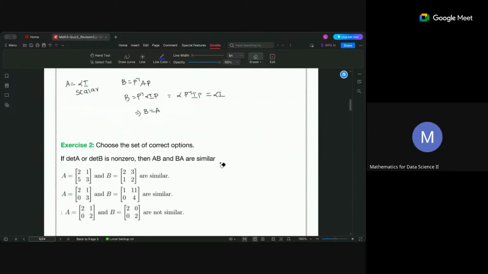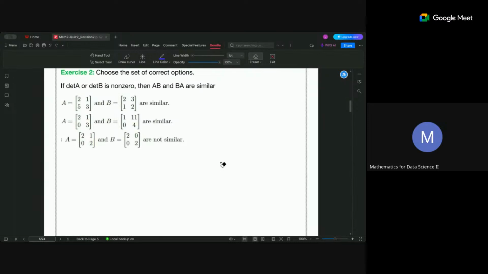Okay. So the next question is: if determinant of A or determinant of B is non-zero, then AB and BA are similar. How to check this? Let us first assume the first case, that is, let us call these A, B, C, D. For A, let us first assume that determinant of A is non-zero. If determinant of A is non-zero, you know that A inverse exists.